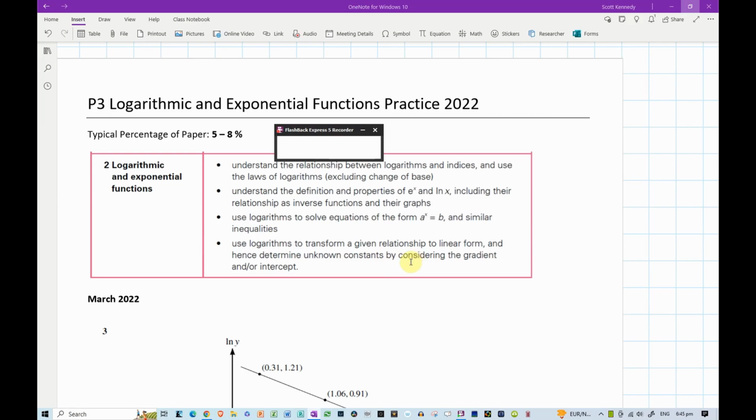Okay, that brings us to our last question, I think. So we have to solve this equation: ln 2x minus 1 equals 2 ln x plus 1 minus ln x. Okay, first step, before we get rid of the logs, which is probably what we want to do, we have to have ln blah equals ln blah.